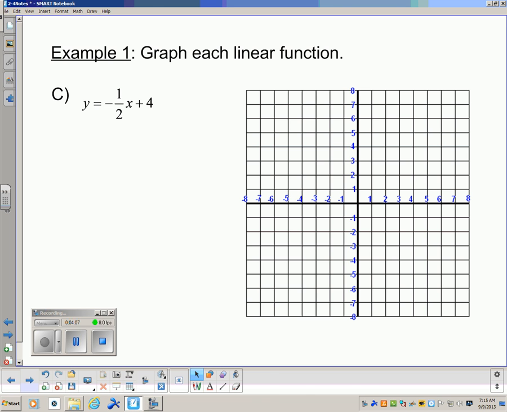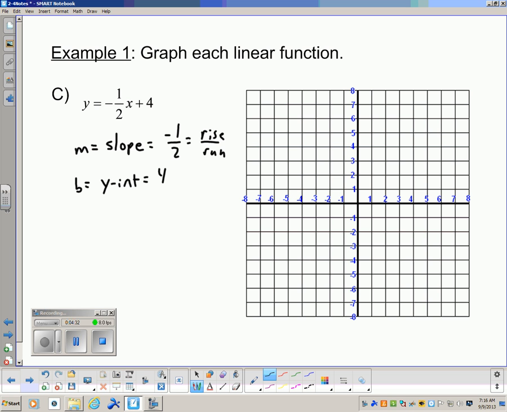Let's try a third one. This one here, the slope now is in fraction form. So the negative is straight out there in front. So you get to decide if you're going to put the negative up or down. You can't do both. It's up to you. I'm going to put it up. And again, rise over run. And then that 4 there is your b value, which is your y-intercept, and you're going to start there.